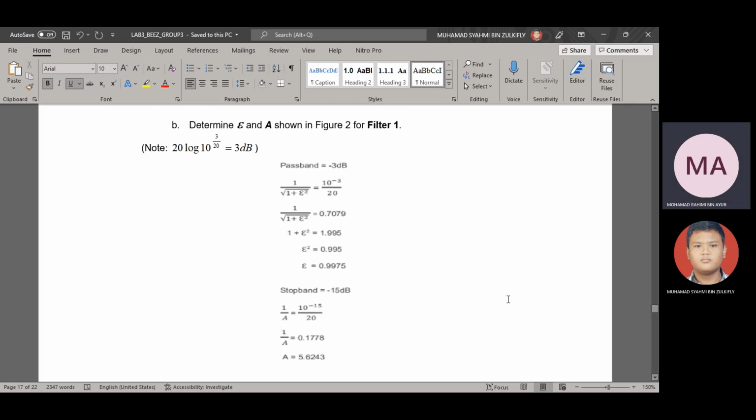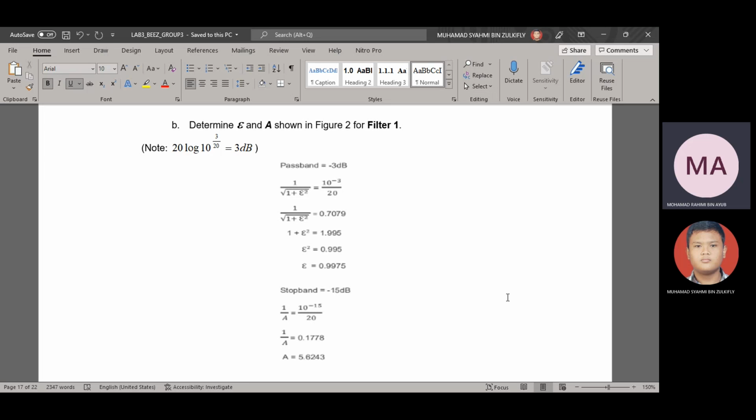Okay, for B, determine epsilon and A shown in figure 2 for filter number 1. So note 20 log 10 of 3 to the power of over 20 is equal to 3 decibel. So for the pass band it is equal to -3 decibel. So we put it into the formula and then we got 0.9975.